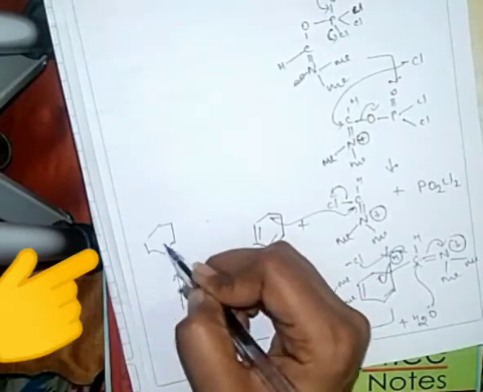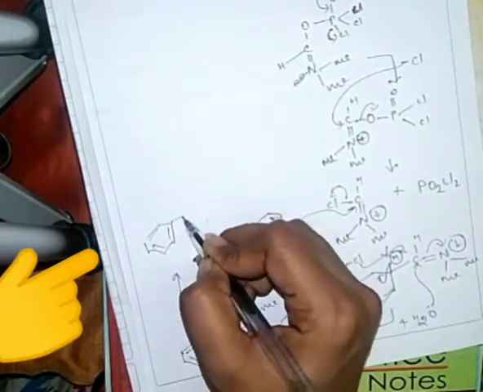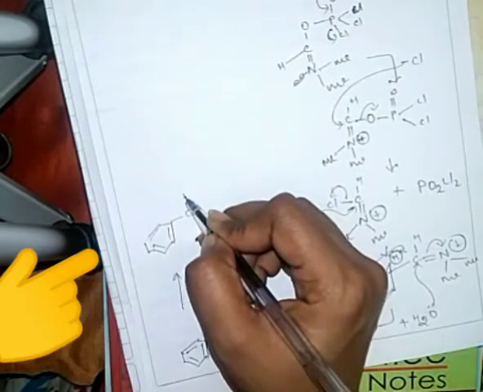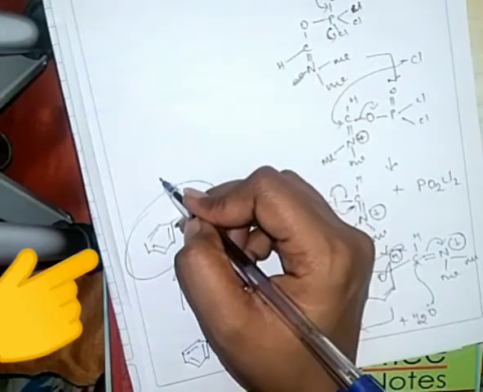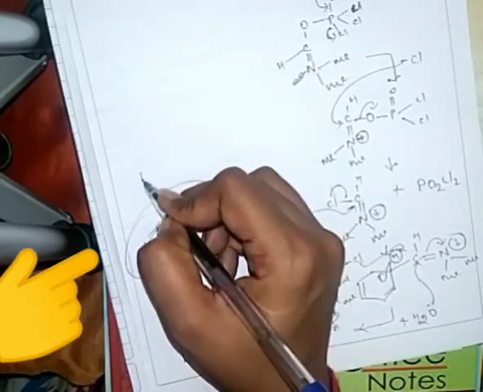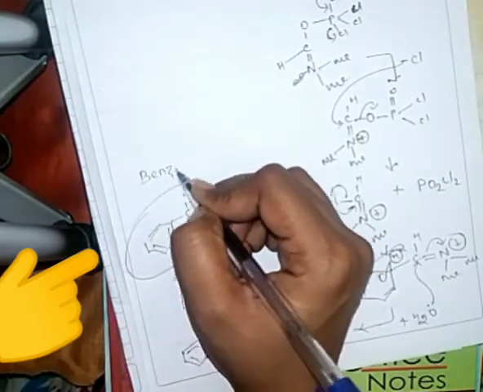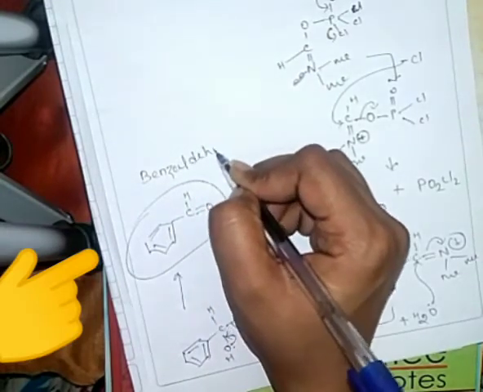We get benzene CHO, and this is an aldehyde group, called benzaldehyde. So this is the whole mechanism of the Vilsmeier reaction.